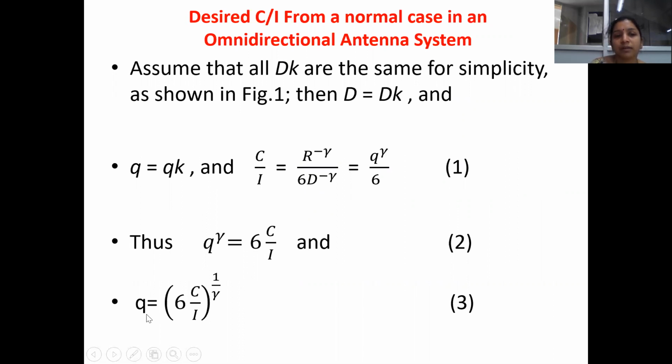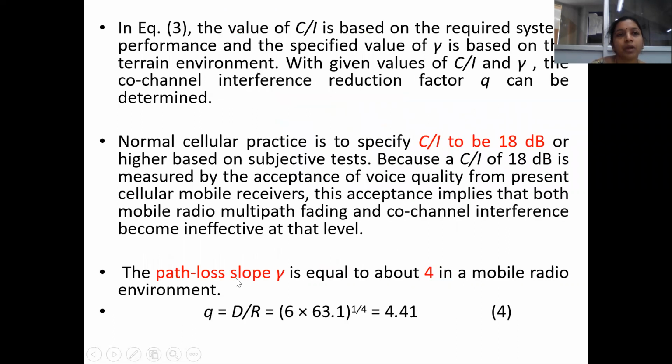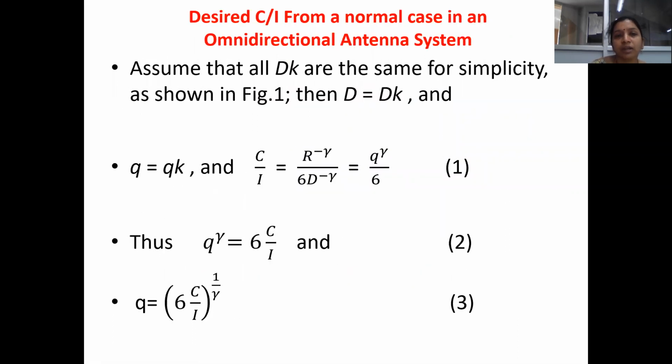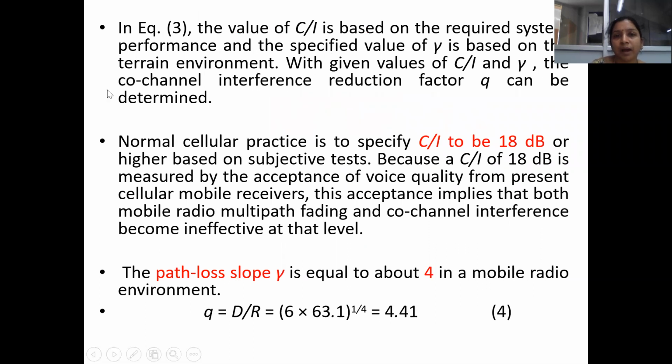So after simplification, q is equal to 6 into C by I, whole power 1 by gamma. In this equation 3, the value of C by I, the carrier to interference ratio, is based on the required system performance, and gamma is specified based on the environment.